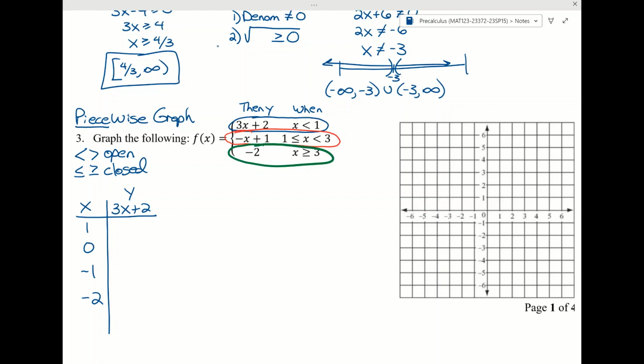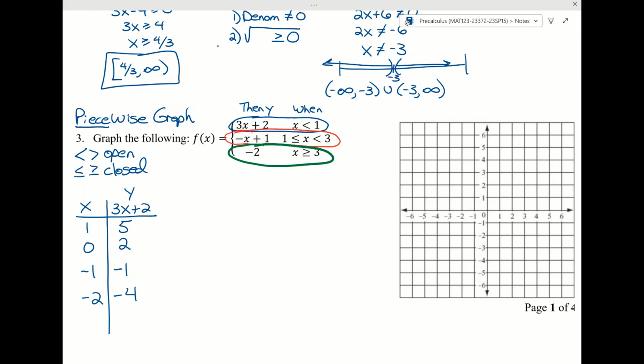You always start with the number that's right on the border. So if I plug in 1, 3 times 1 is 3, plus 2 is 5. 3 times 0 is 0, plus 2. -3 plus 2 is -1. -6 plus 2 is -4.